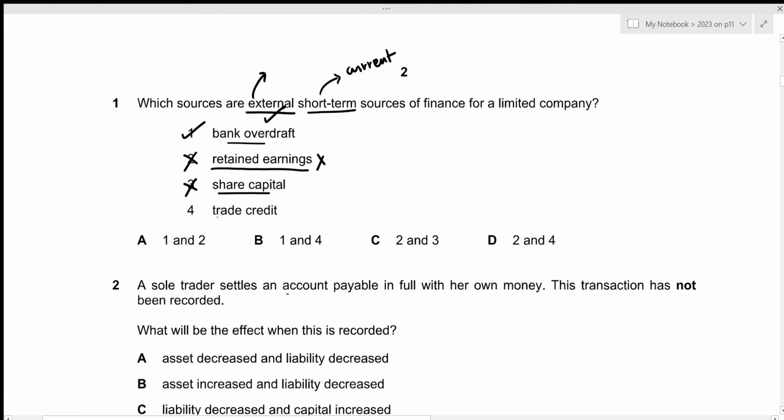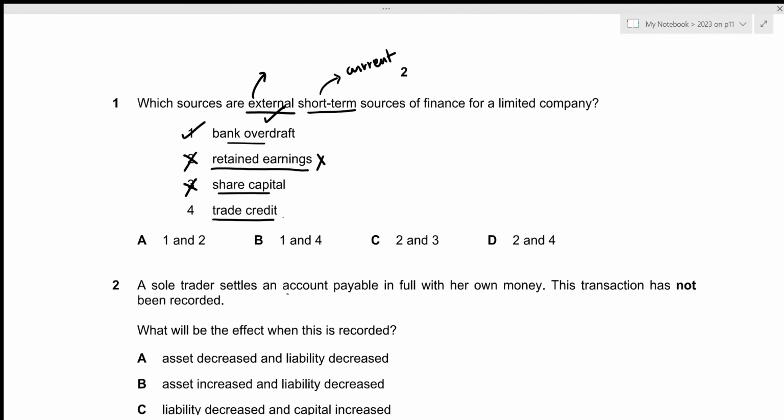And the fourth one we have is trade credit. So trade credit is something that will be provided by our suppliers, right? That qualifies this to be external source of finance. And regarding short term, again, remember trade credit, you can understand this as trade payables because they are basically allowing us a longer period for us to pay back the money to the supplier, which means that the business will have the amount for a longer period of time.